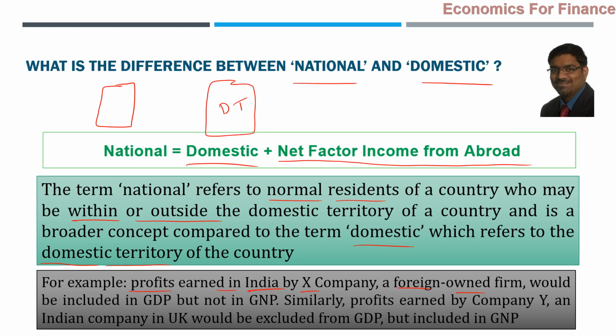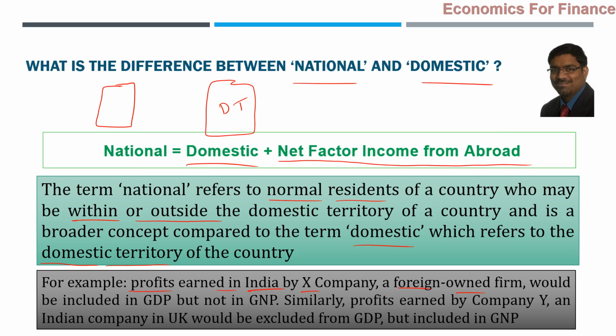When you say GDP, we are talking domestic. When you say GNP, we are talking about national. National means the value addition done by Indians and Indian organizations anywhere in the world, doesn't matter. That is all national for India. Then what is domestic for India?